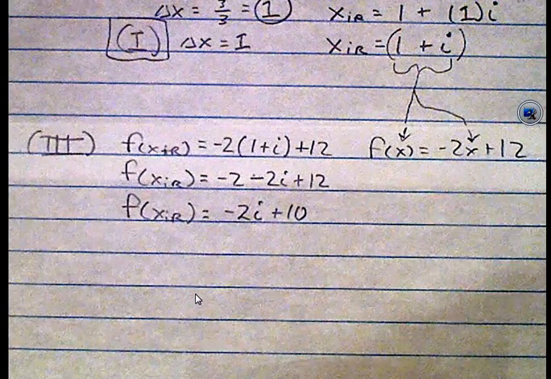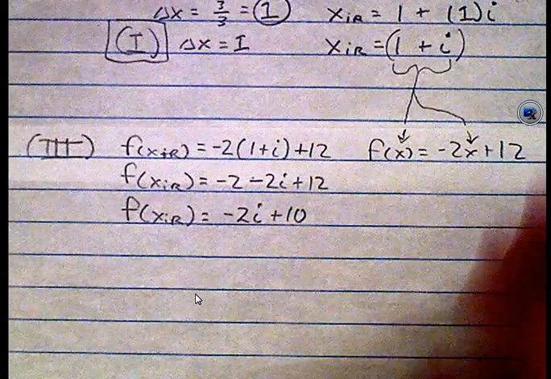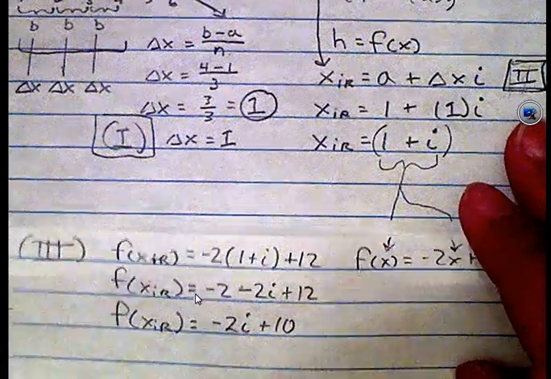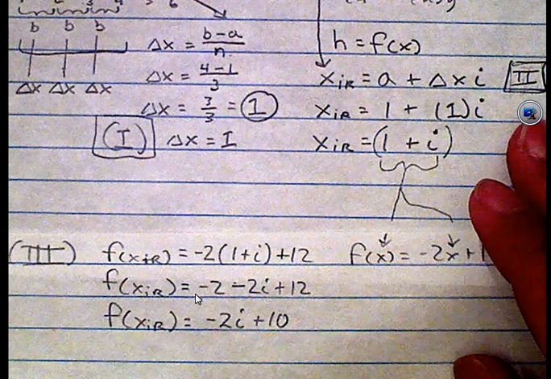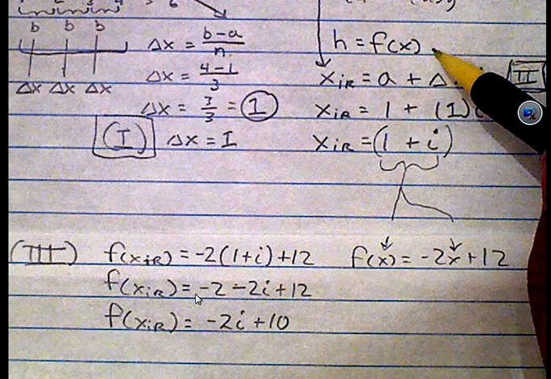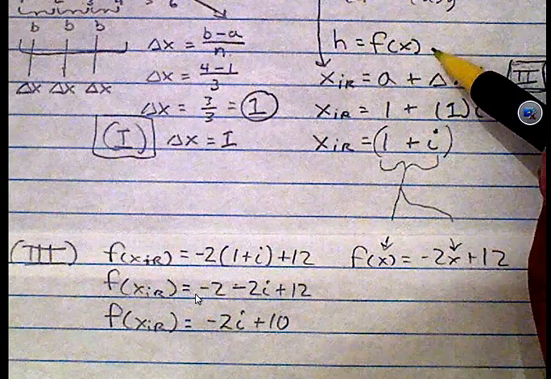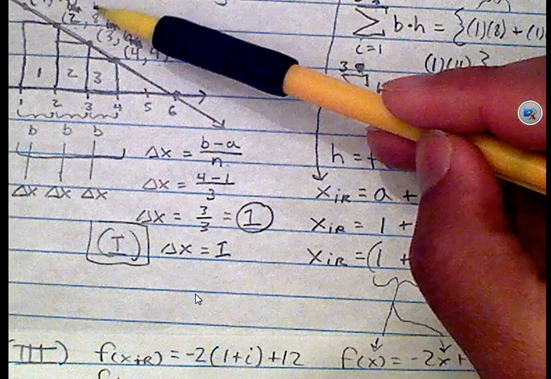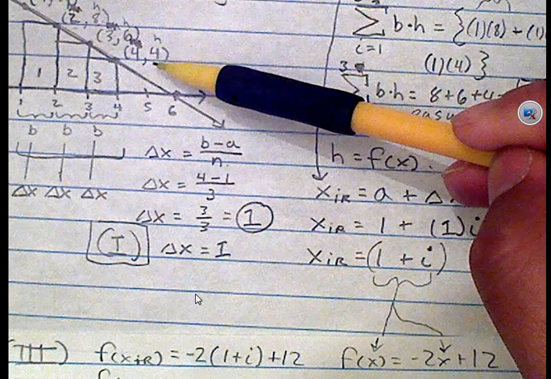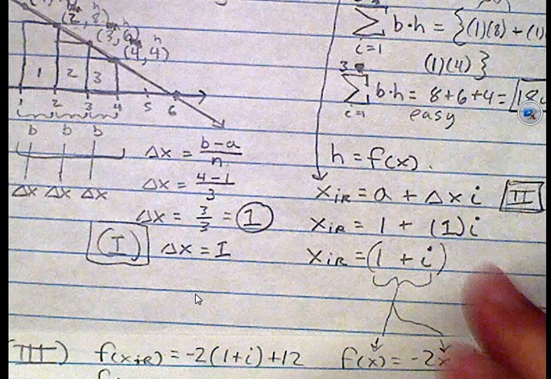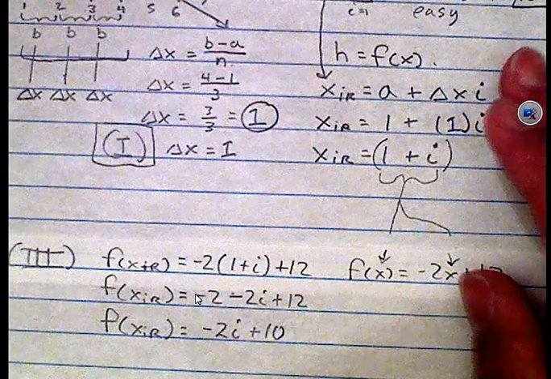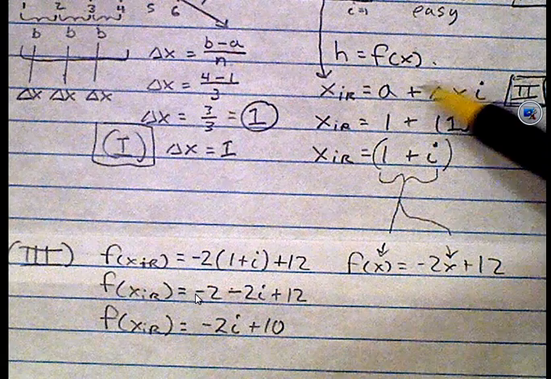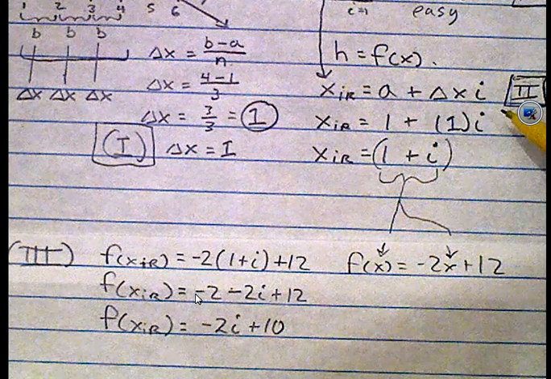So let's back up. We said the height was equal to the y value, the f of x. But we didn't have a formula for each of these heights, the 8, the 6, and the 4. So what we said was, I'll make sure the x's are right by using the x of IR formula.